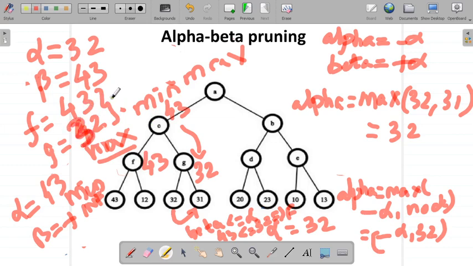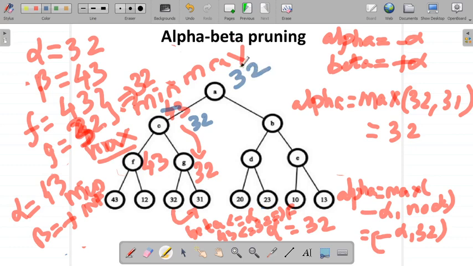So which one is minimum? 32. So the value 32 is written to the node C. Now the node C passes the value 32 to the root node.